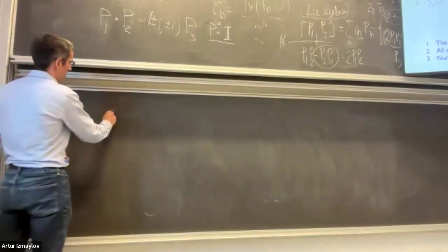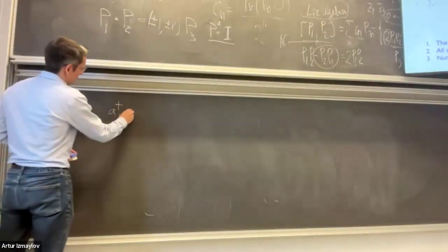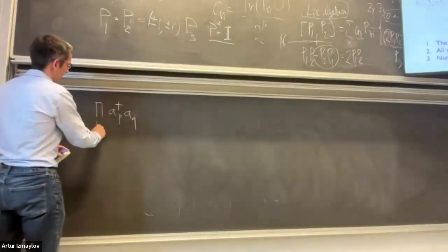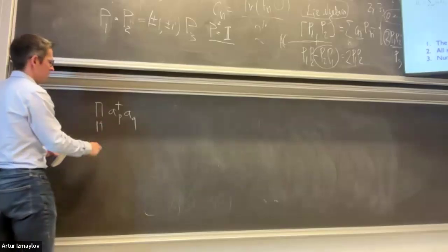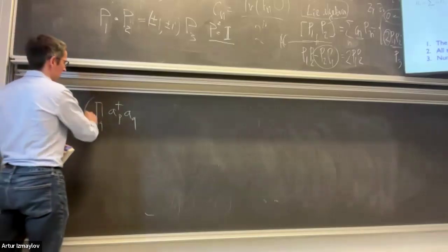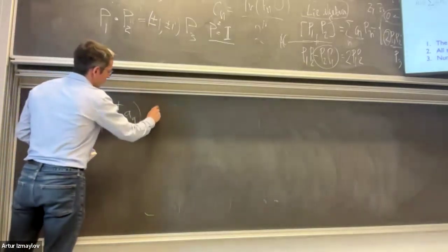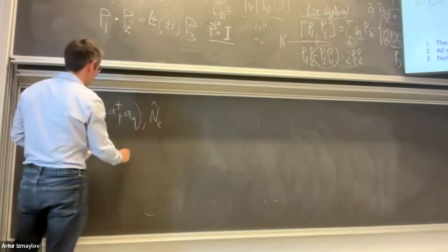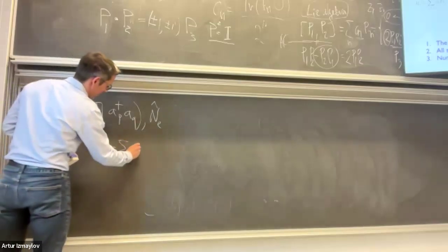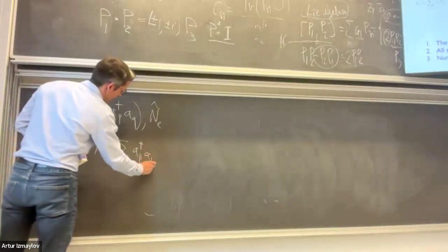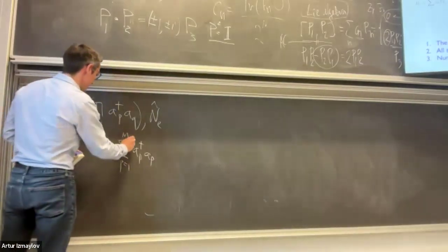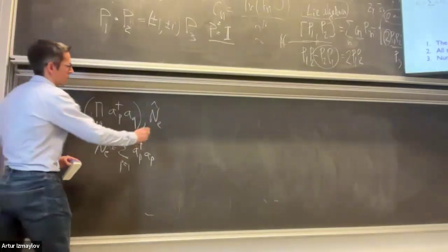So any product like this, even a product of products, doesn't really matter, as long as the number of daggered and non-daggered quantities is the same, will commute with the symmetry of the Hamiltonian, which is the number of electrons. Remind you, the number of electrons is the sum over a_p dagger a_p, from 1 to M, where M is the number of spin orbitals.